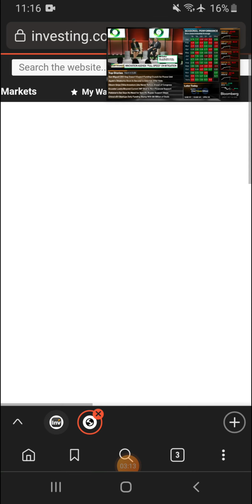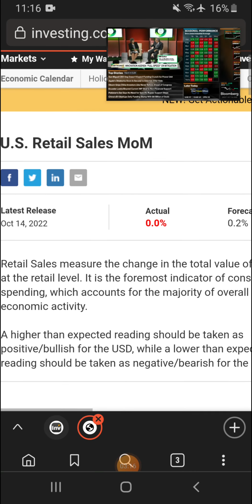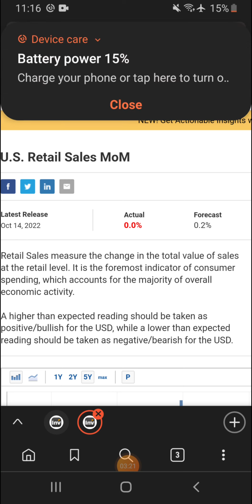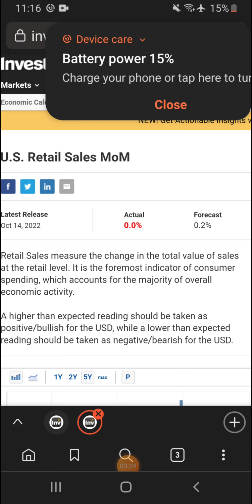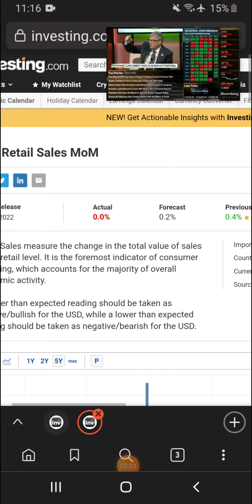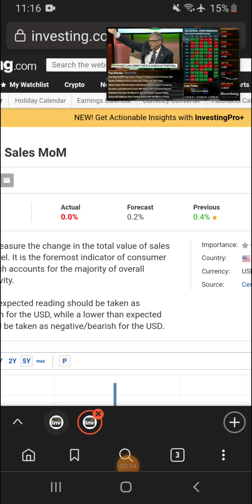So we'll just go over that. For retail sales, month over month, a higher than expected reading should be taken as positive or bullish for the USD, while a lower than expected reading should be taken as negative or bearish for the USD. So the numbers came in lower than expected and lower than previous.